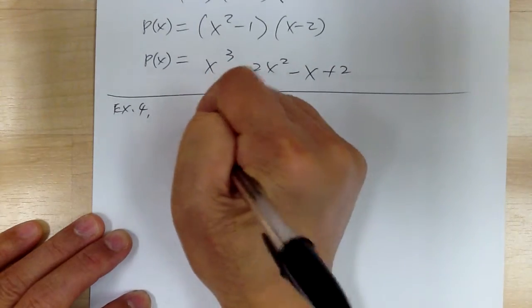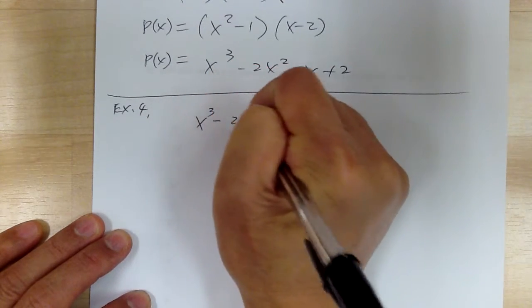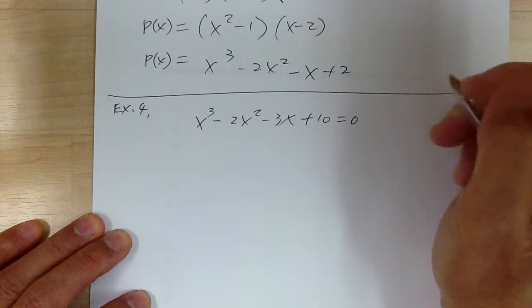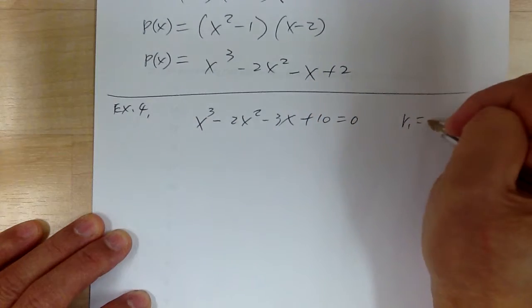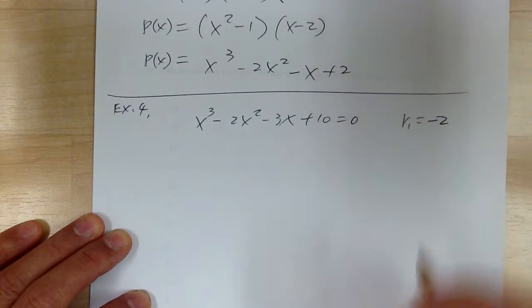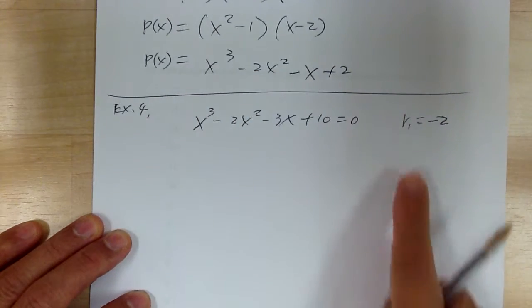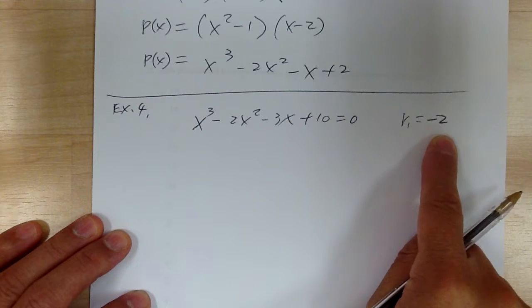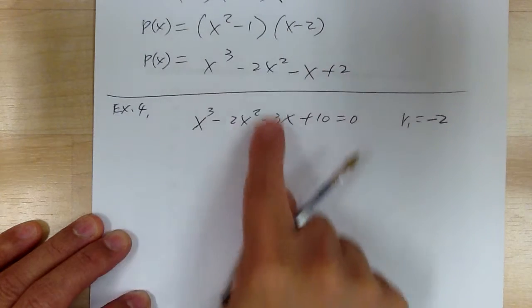Okay, so you're solving. So you got x to the 3 minus 2x squared minus 3x plus 10 equal to 0, and R1 equal to negative 2. Now, if this is a root, that means it came from the factor that can divide exactly.